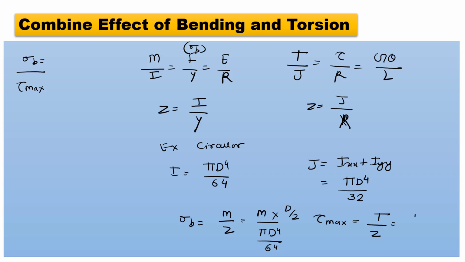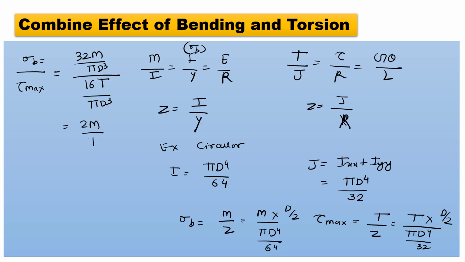In this case, tau max is T divided by pi d raised to 4 divided by 32 into d by 2. After cancelling the equal portions, sigma b is 32M divided by pi d cube, and tau max is 16T divided by pi d cube. So the ratio of sigma b and tau max is 2M by T.